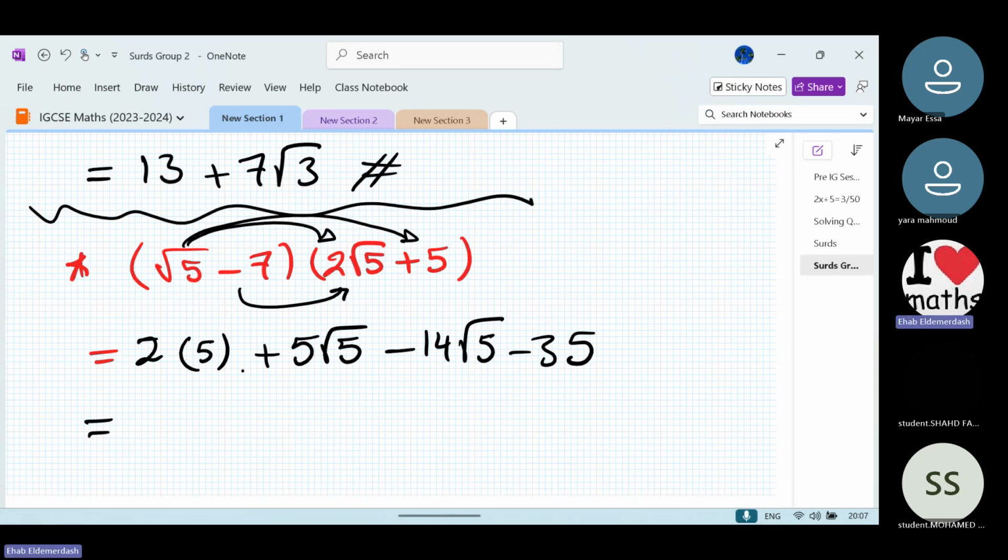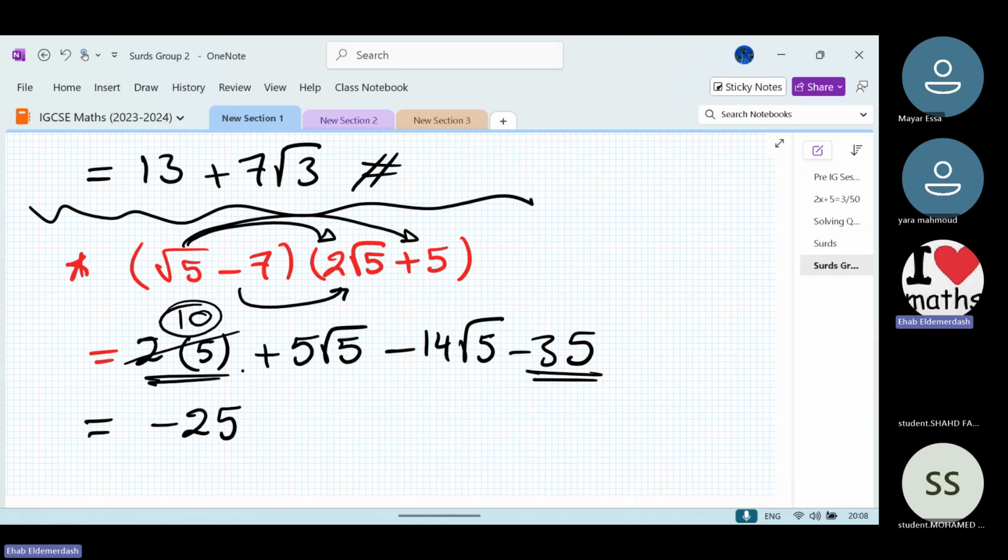So let's write down the answer. 2 multiplied by 5 equals how much? 10. 10 minus 35. This will give me minus 25. So here I have 10 with minus 35, they are like terms.